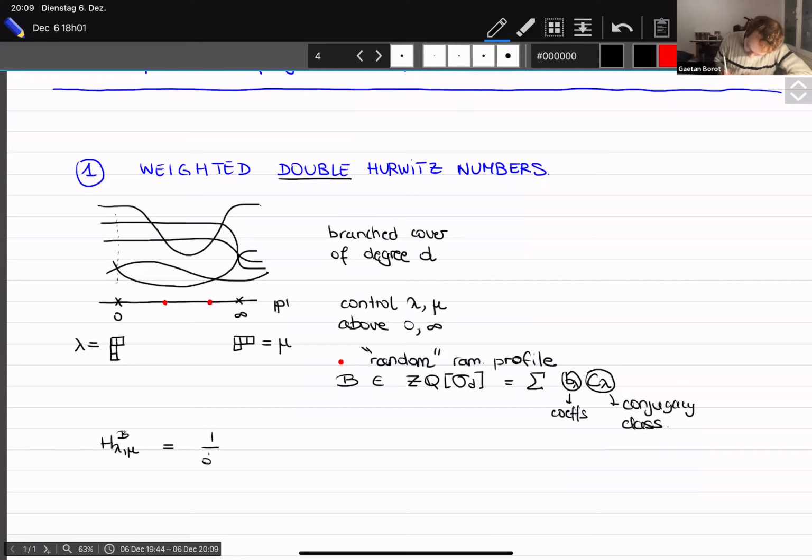In particular, what you're going to do here, up to a normalization, you're going to multiply C_lambda, B and C_mu and take the coefficient of the identity in this product. And this is living in the center of the symmetric group algebra.